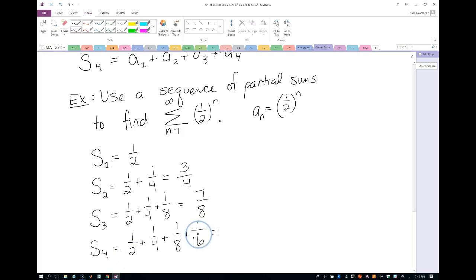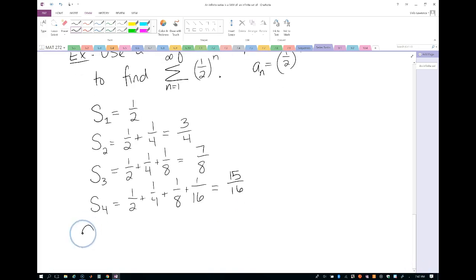So now we just need to add a 16th to that, and we get 15/16. So what we've figured out is our sequence of partial sums starts with these terms: 1/2, 3/4, 7/8, 15/16.